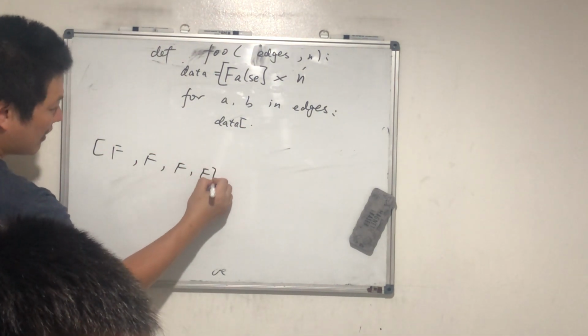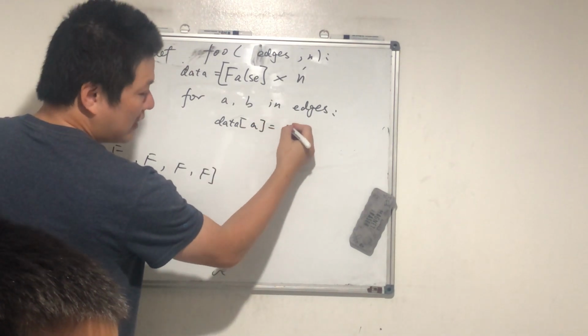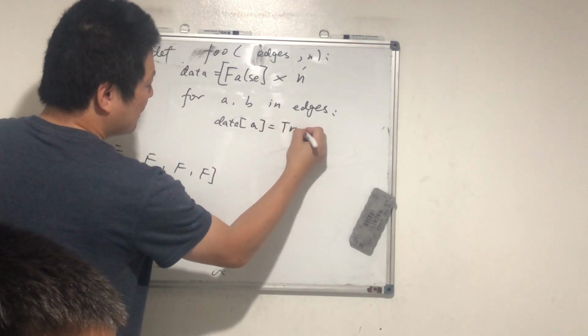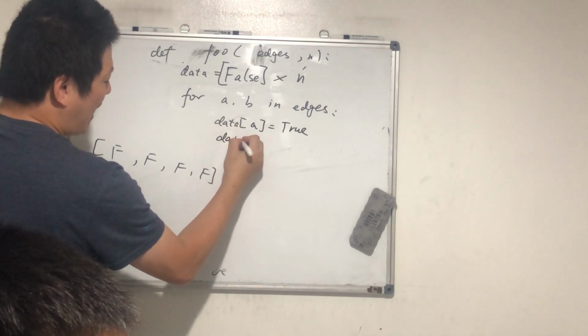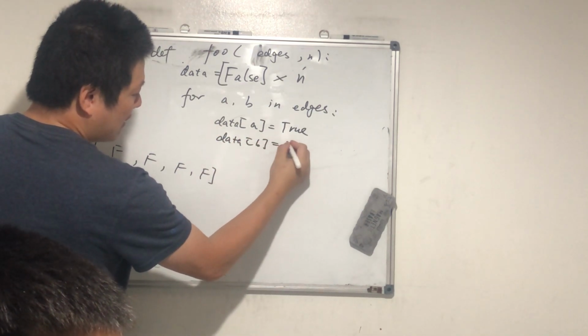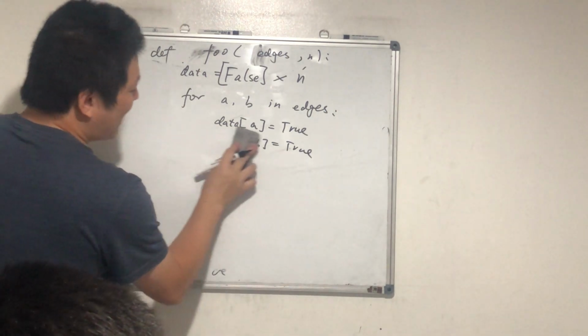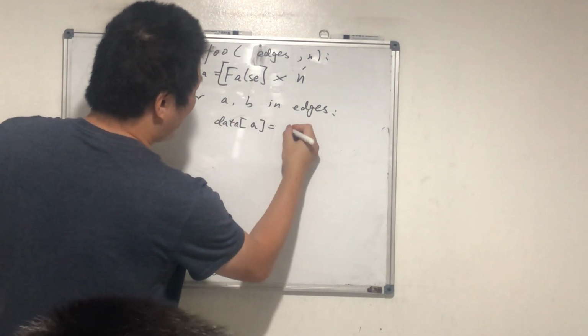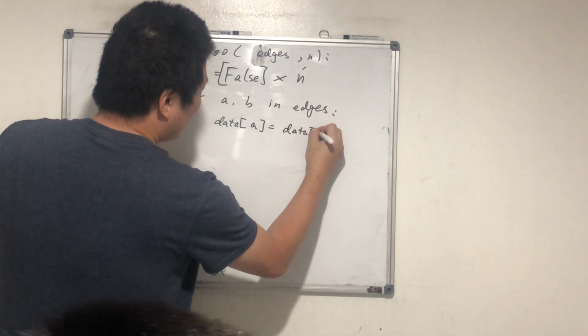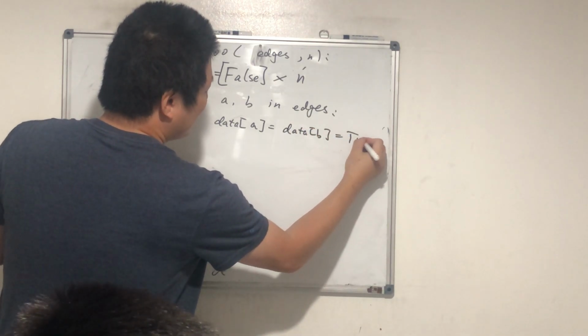Remember we talked about it. So data A equals True, and data B equals True. Actually you can write it in one line: data A equals data B equals true, right?